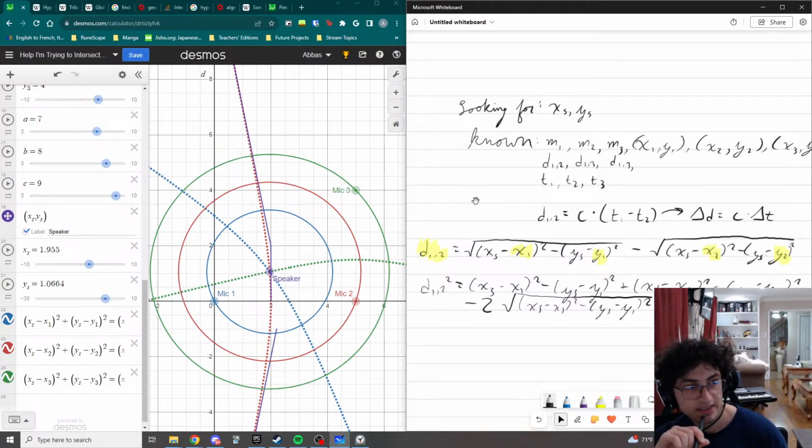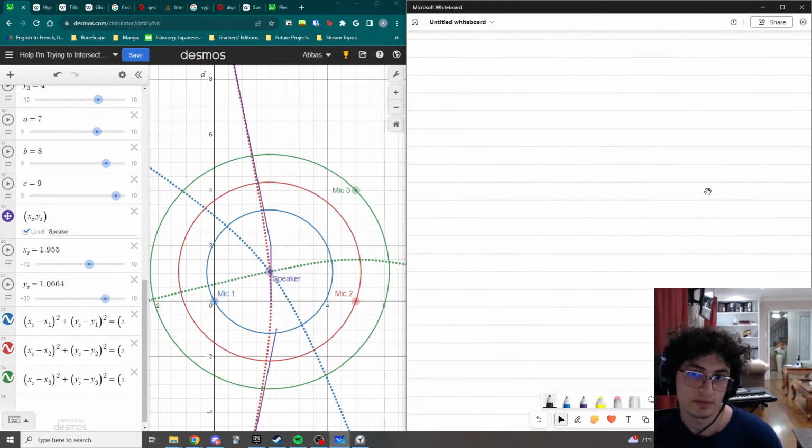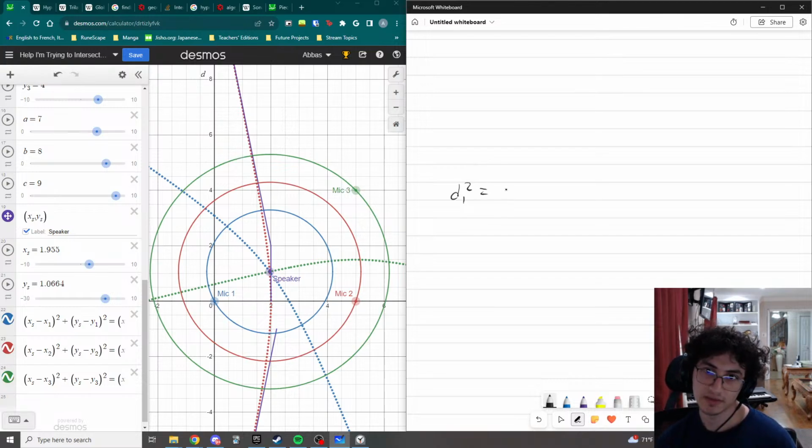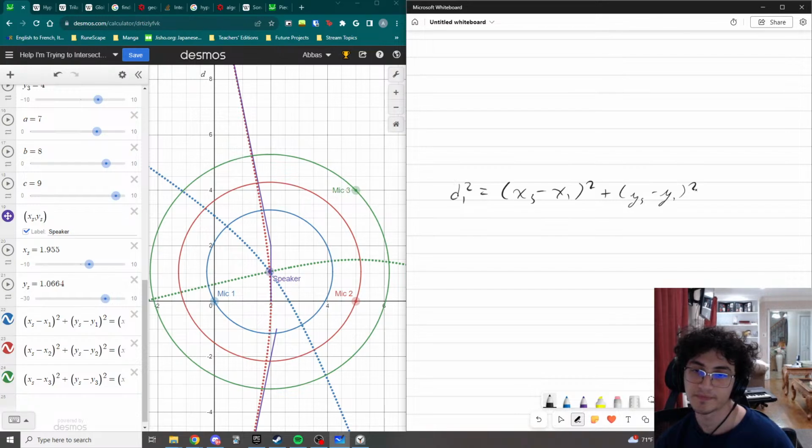okay, so here I'm looking at the distance of the first, from the speaker to the first microphone squared is equal to (xs minus x1) squared plus (ys minus y1) squared, right?